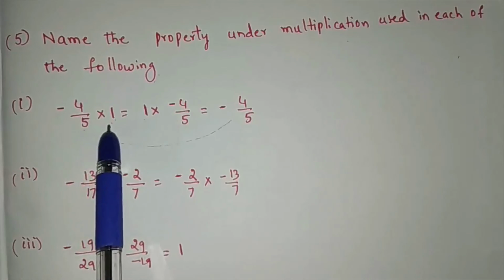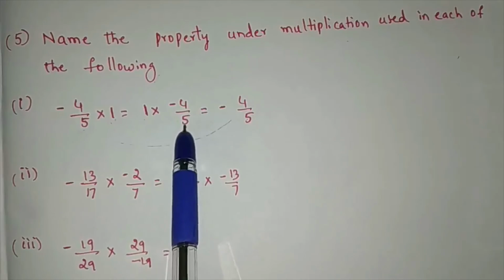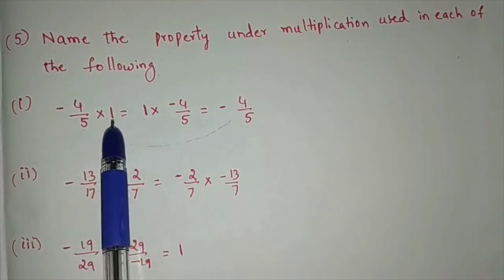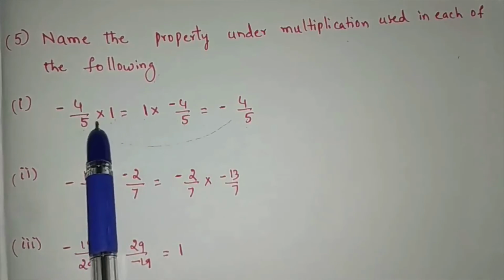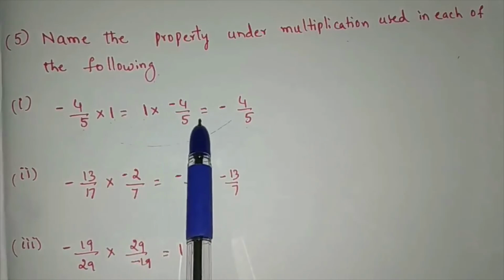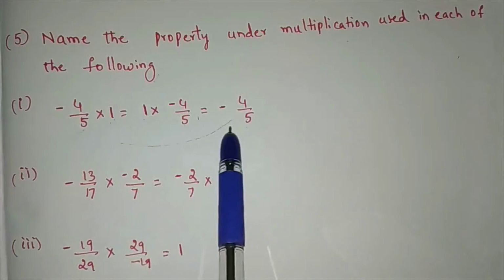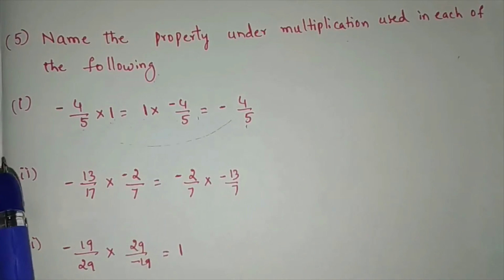Minus 4 by 5 into 1 is equal to 1 into minus 4 by 5 is equal to minus 4 by 5. Here minus 4 by 5 is multiplied with 1. Minus 4 by 5 into 1 or 1 into minus 4 by 5, both are the same. And the answer is minus 4 by 5. 1 is the multiplicative identity.